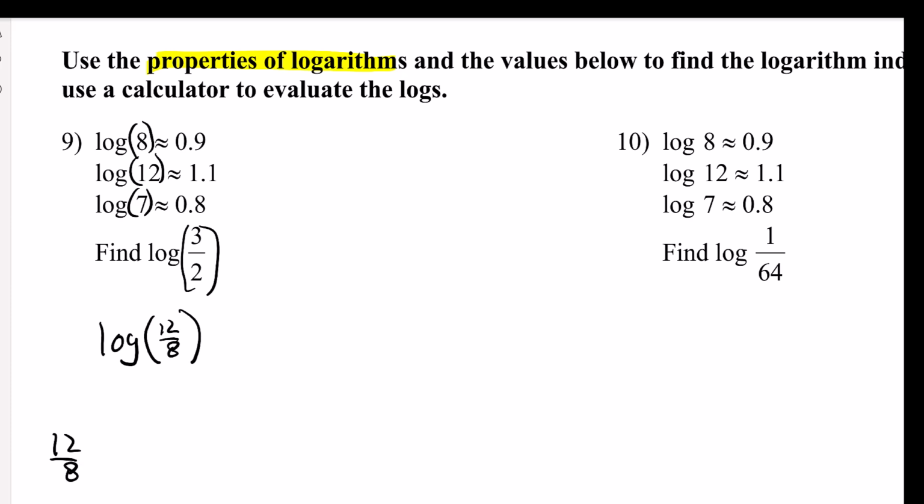They each have a 4 in common. That's 4 times 3, that's 4 times 2. So log 12 divided by 8. And then remember, for the properties of logarithms, when you divide the argument, it expands to subtraction.